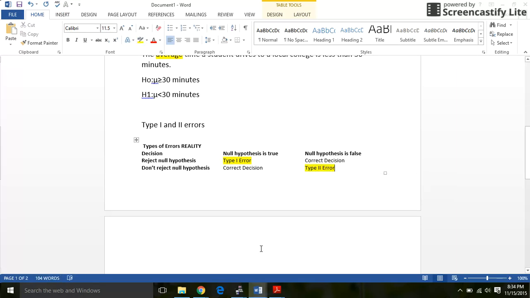So I would basically think about it as you're looking at your null hypothesis. You rejected it, but it wasn't supposed to be rejected. That's a type 1. The other alternative is that you didn't reject it, but it really should be false. That's a type 2. So when you're going through and looking at those, the best thing to do is write out your hypotheses and then decide what kind of error it is.